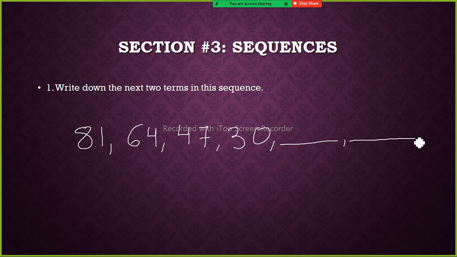The next 2 values. Put your answer in the chat. See if you can crack that code. Okay, let's crack this code. All right, the next 2 values.